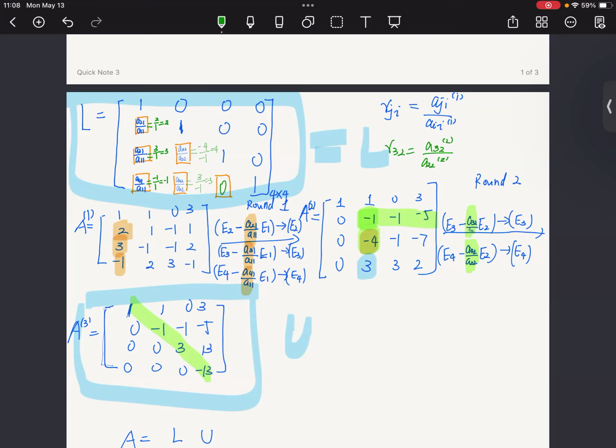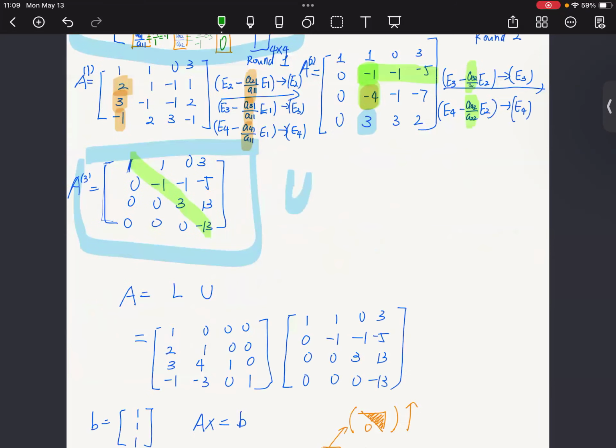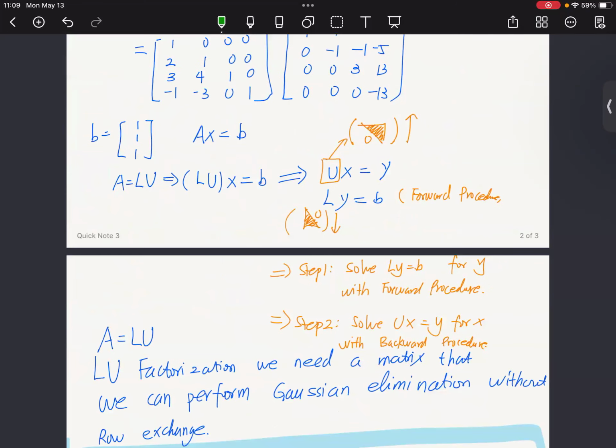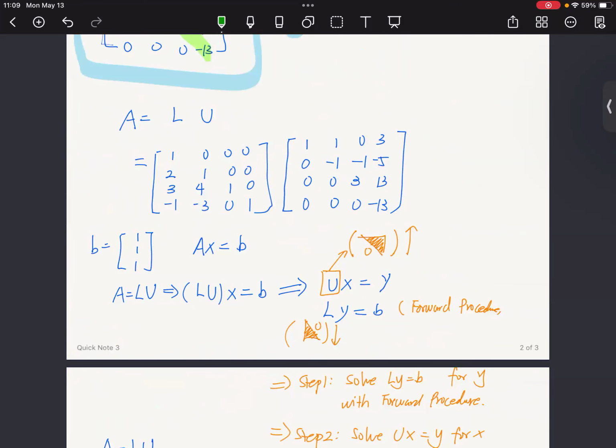When you have the LU factorization, as we mentioned last time, we are going to solve the linear systems in 2 steps.